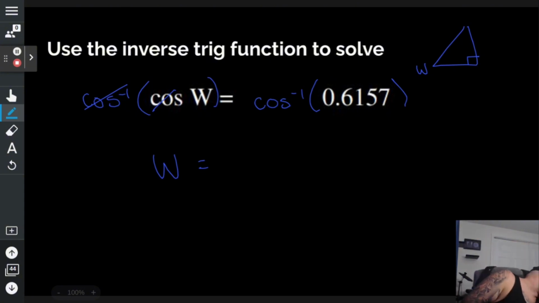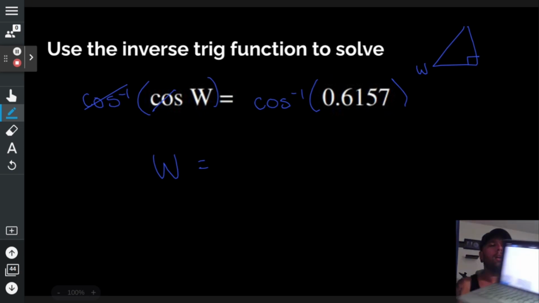If you have a TI-84, I don't remember where I put it, can't find it. So I'm going to go to Desmos and hit the functions button and find inverse cosine, which is pretty much right away, and type out 0.6157.